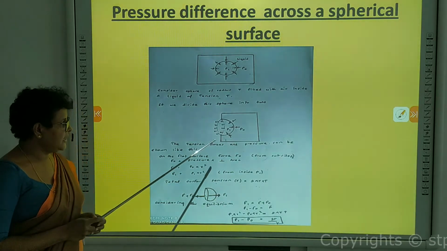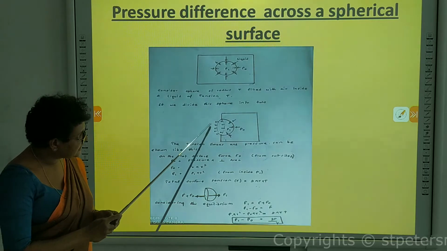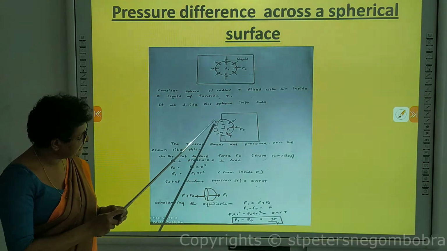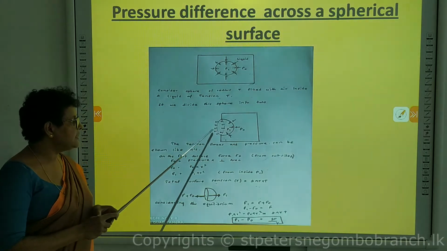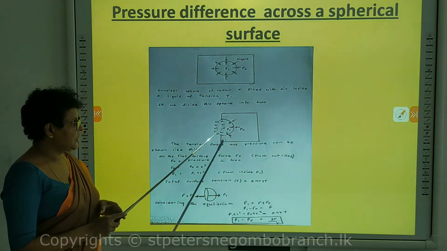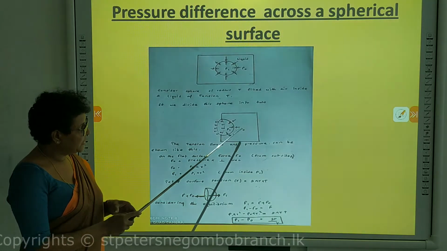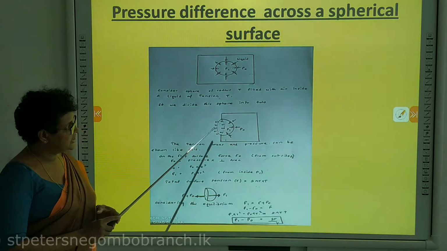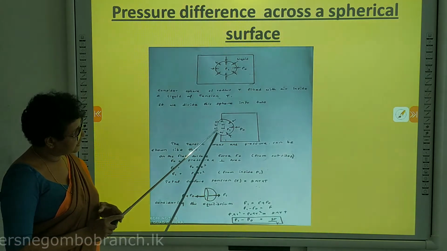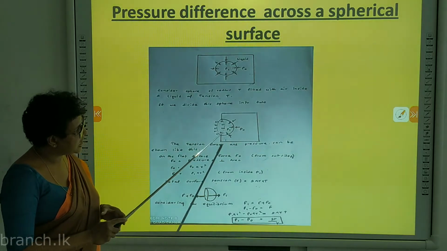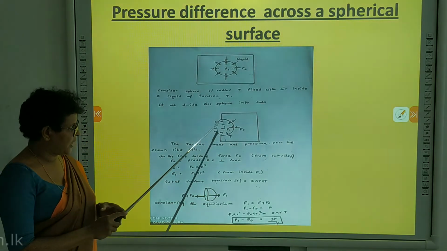Now, consider this is a circle, right? Half of this bubble, that means this flat surface is a circle. So, the area of this circle is πR squared. So, the force exerted from P0 is πR squared P0. Pressure exerted from the inside is P1 into πR squared, right?